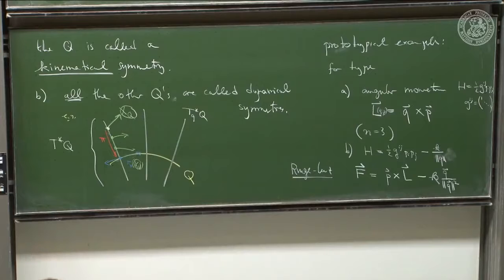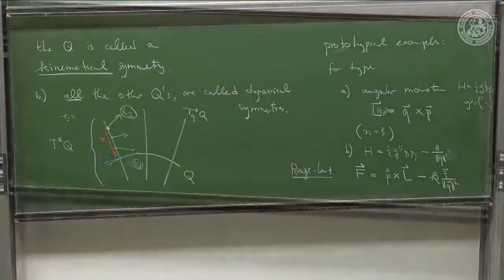So far we talked about Killing vectors, and with Killing vectors on the base, on the Q manifold, on the Riemannian Q manifold, you understand the kinematical symmetries. If you want to understand the dynamical symmetries down on the Q manifold, you need Killing tensors.